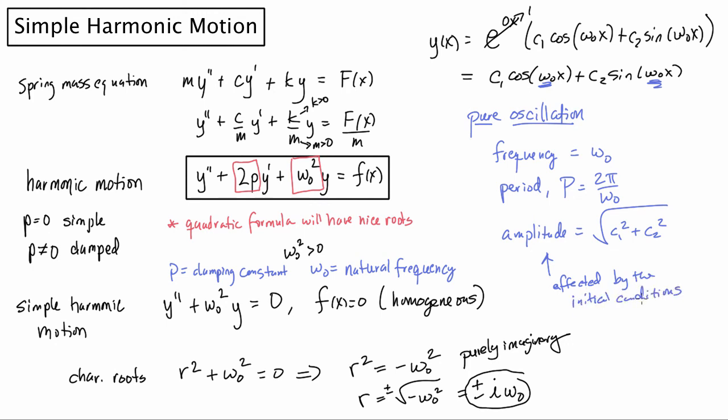So depending on where you start the spring, it's going to lead to a larger amplitude if you have a larger displacement to start with. If you impart a sharper force initially to the spring, meaning a stronger initial first derivative of y, so if y prime is large in your initial condition, both of those will lead to larger amplitudes.